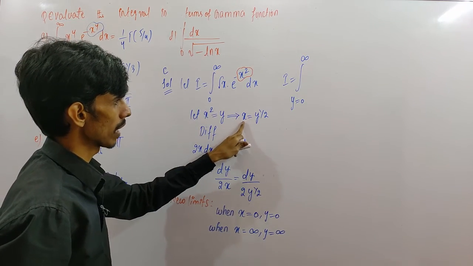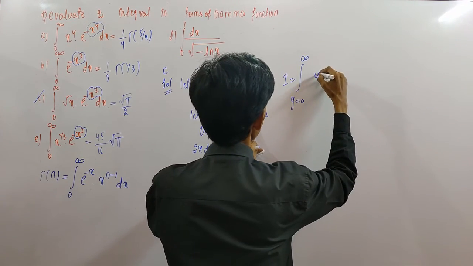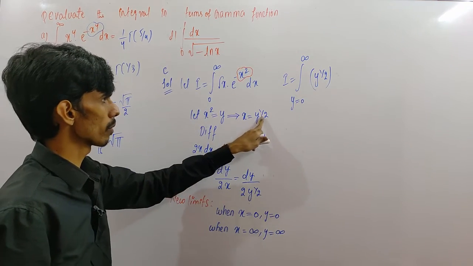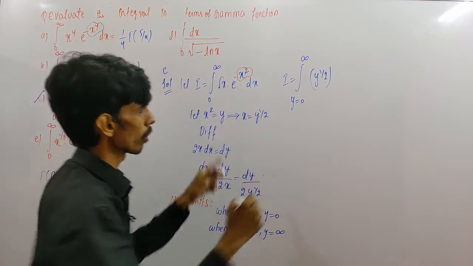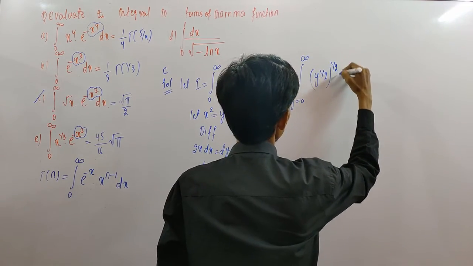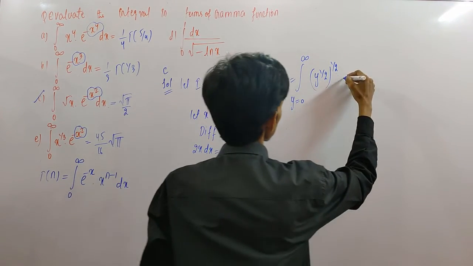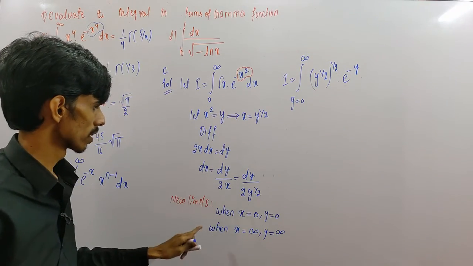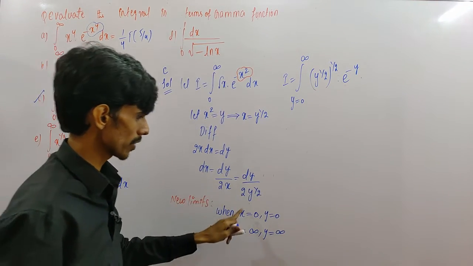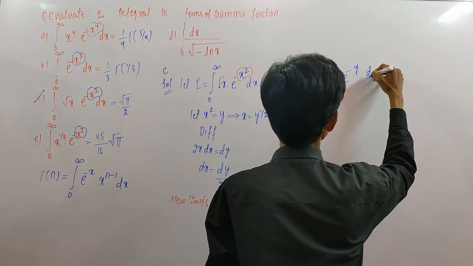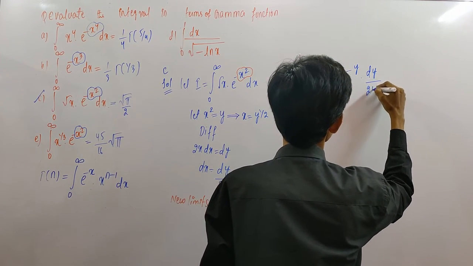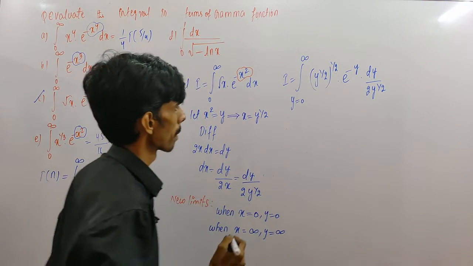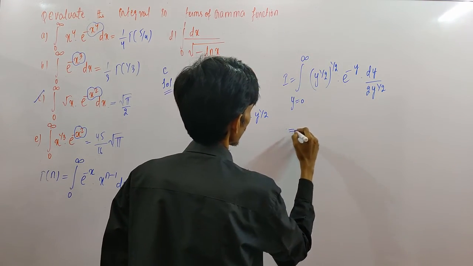Here x is y power 1 by 2, root means power 1 by 2, and one more 1 by 2. e power of minus y dx. dx is dy by 2 into y power of 1 by 2.